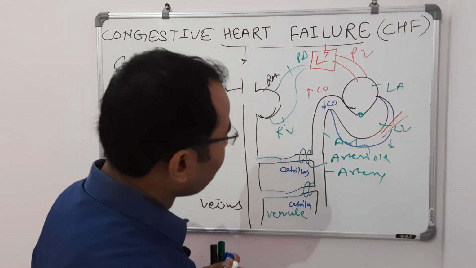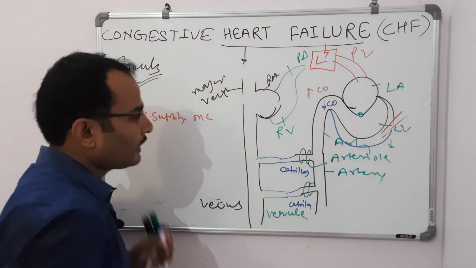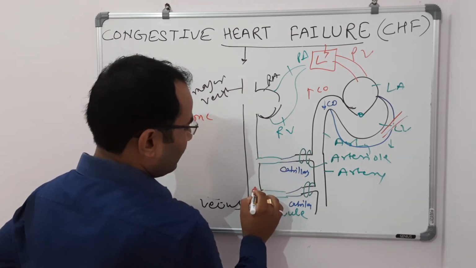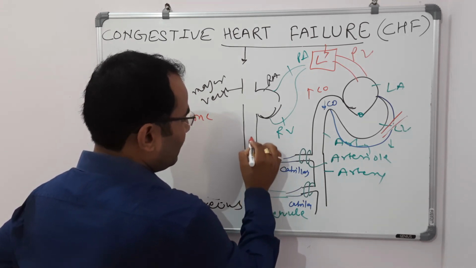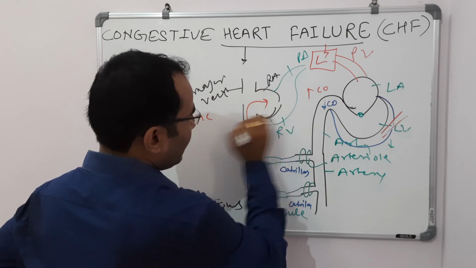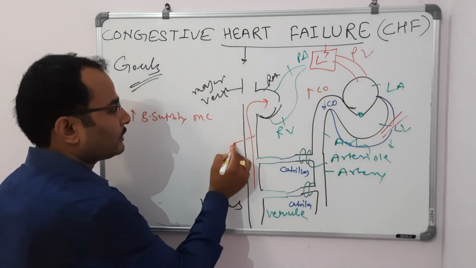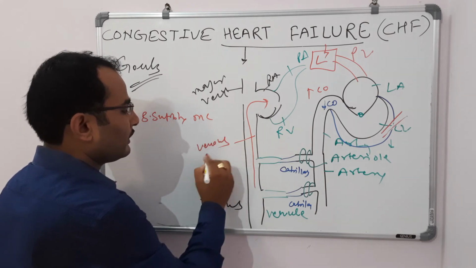Now, the second point is that, as we have already discussed in the last lecture, the blood which is coming back to the right atrium from the systemic circulation is actually called venous return.